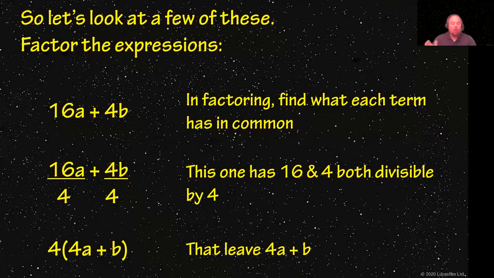But all we're doing is taking out what they have in common. So 16a plus 4b, 4 was the only common thing that they both had. That's one of the things you have to do when you're first learning to factor out expressions. You're trying to see what do they have in common and what can I take out.